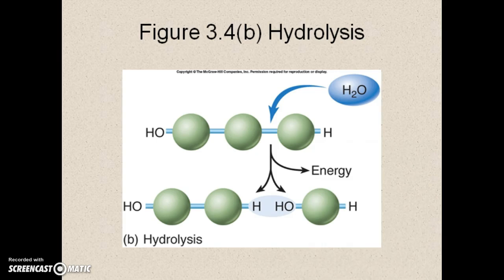So this is something that we call hydrolysis. So hydro, think water, and lysis, you can think kind of breaking open, like to lyse, to break, and inserting water. So this is how we are going to break down the molecules that we eat in order to really get the nutrients and, in fact, the matter from them.